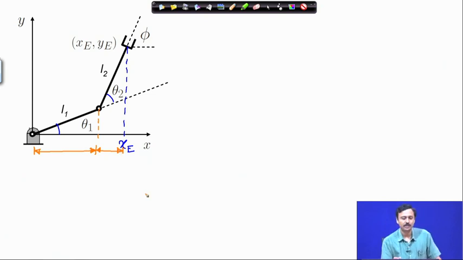So, summation of these two distances is x e. Now, this distance, the first one, it is very easy to see that this is L1 cosine of theta 1. So, cosine I am writing as c. So, L1 cosine theta 1.